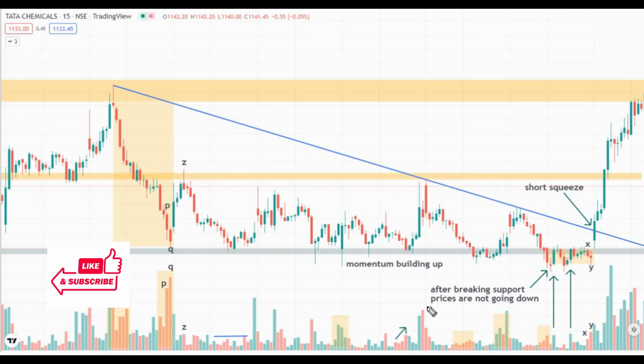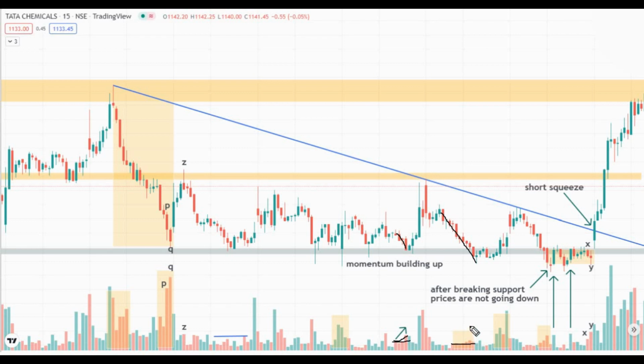Then again from here prices opened gap up, then sold off aggressively, and again prices pushed towards the downside. But what happened to the volume? See, when sellers tried to break this level with this much volume, they failed. Now again they are trying to break this level, but compare this volume and this volume.